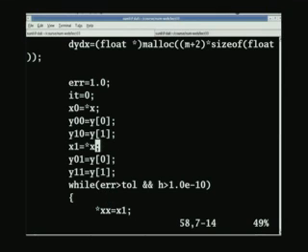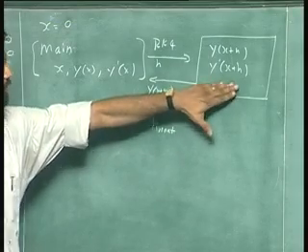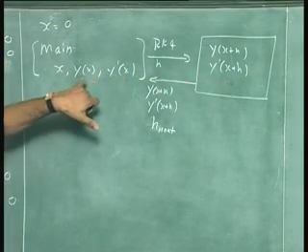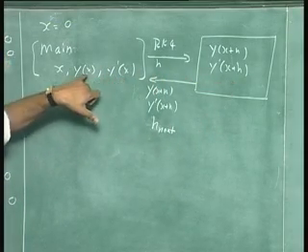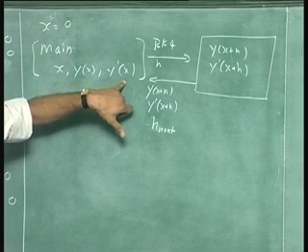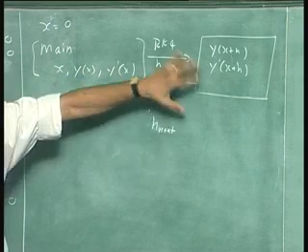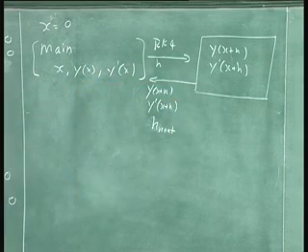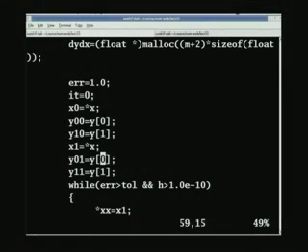So for this program, it's always getting x, y0 and y1. This part which does the RK4 is always getting these values at x: y at x and y prime at x. What keeps changing is that x, as we make each call. That is the part here, and then we store that.